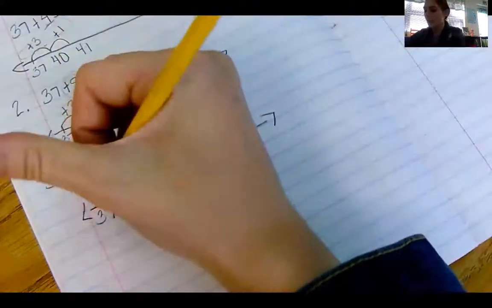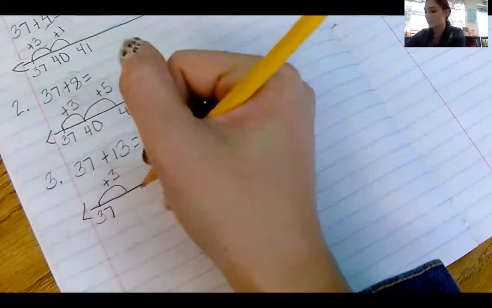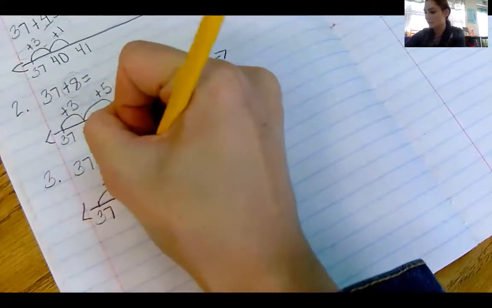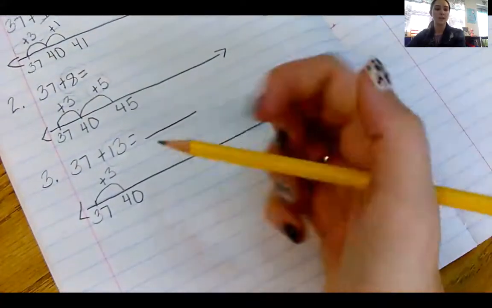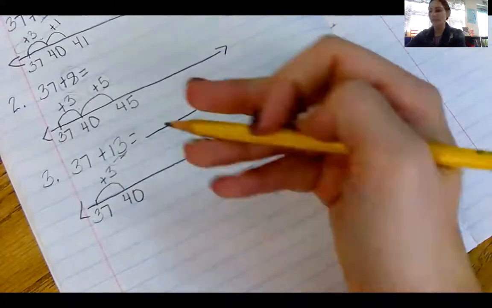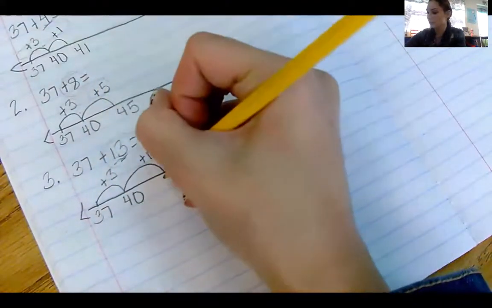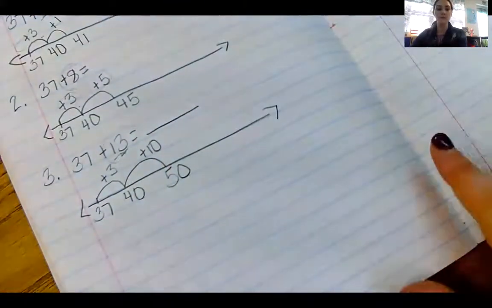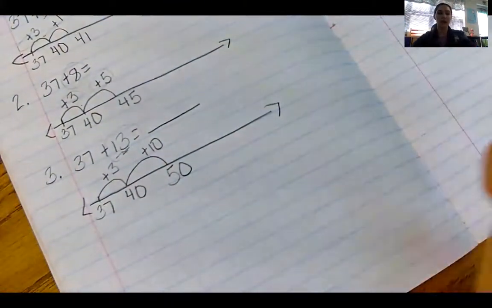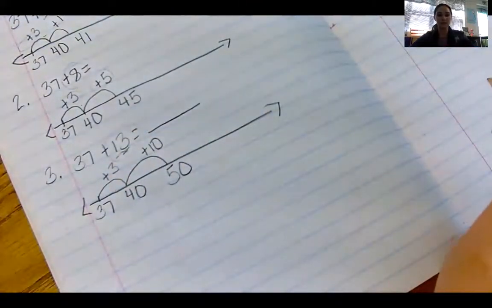So I'm going to add 3, which is going to get me to 40. Okay, so I already added my 3 right here. So now all I need to do is add a 10. And that gets me to my answer of 50. So that is a lot easier than trying to add 37 plus 13 in your head.